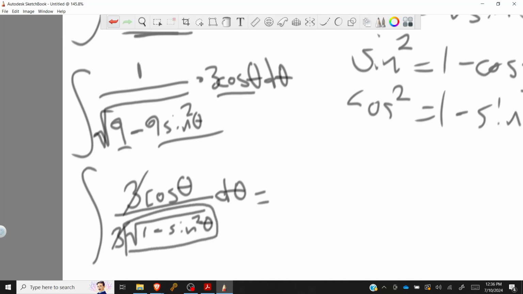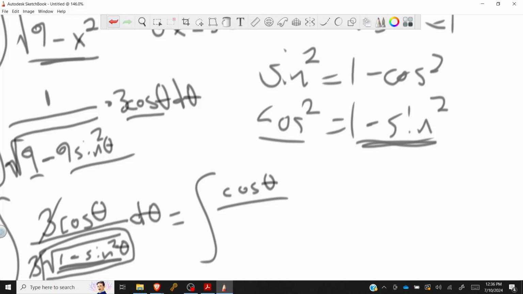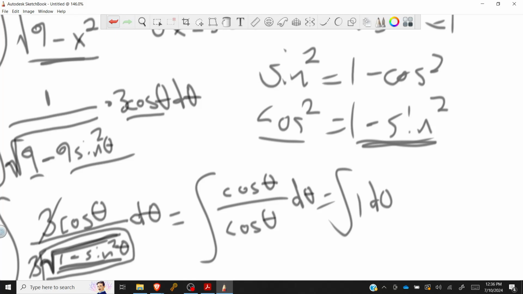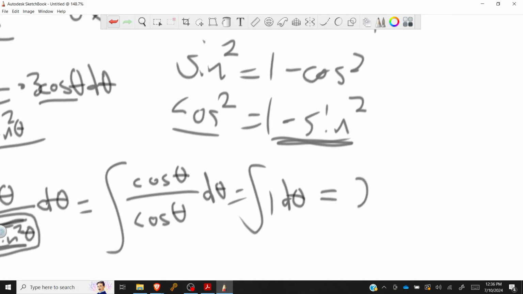This is going to be our Pythagorean identity right here. So that's equal to cosine squared, right? So now I'm left with cosine on top. Cosine squared under a square root is just going to be cosine. So this whole thing is going to equal 1 d theta. The integral of that is just going to be theta.